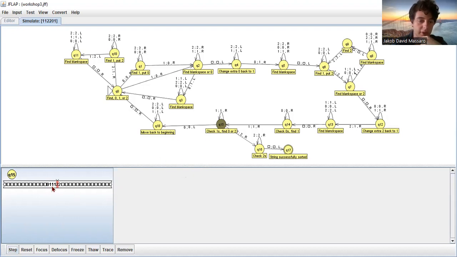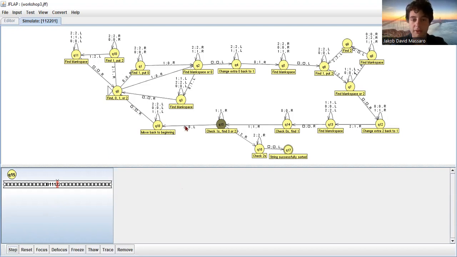So what I was trying to explain is that if the 1s weren't correctly sorted, there might be a 0 intermixed there. So if, say, there was a 0 intermixed in that string still, meaning it wasn't already sorted correctly, if it found a 0, it would keep the 0 there. And then at this state, it would walk back all the way to the left, all the way to the beginning. And then we'd be back in our initial state. And then we could repeat this process over again.